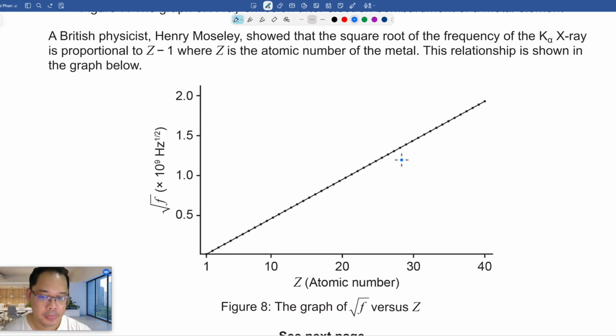At that time, they succeeded in making an older version of the periodic table in which they arranged the chemical properties and some physical properties of elements in increasing order of atomic mass.